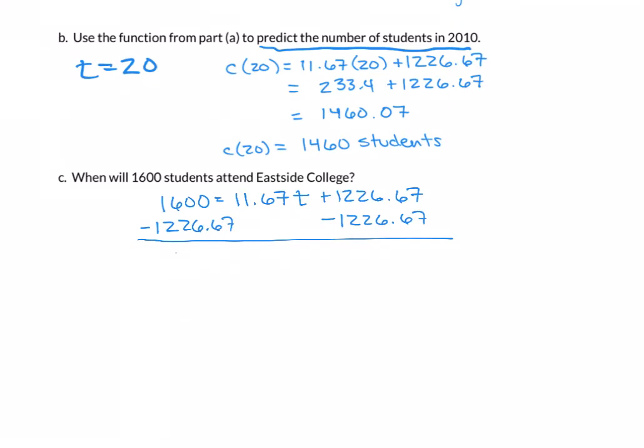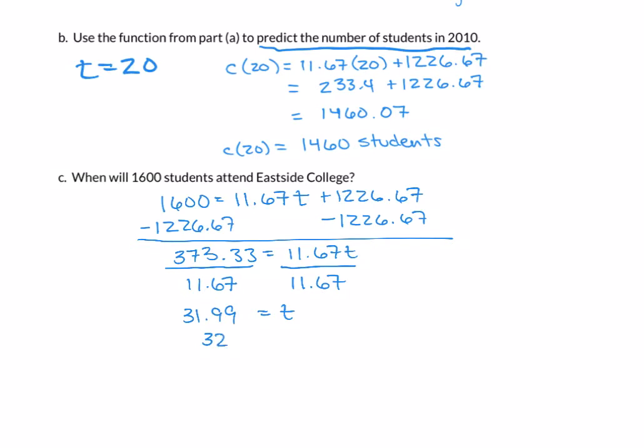I get 373.33. And then let's divide by the 11.67. I get 31.99. Let's just round that up to 32.